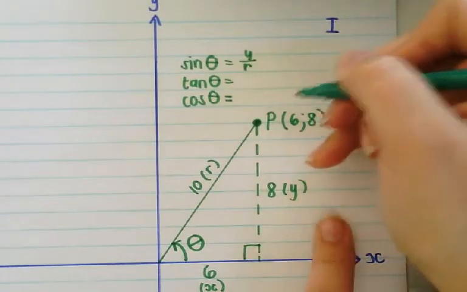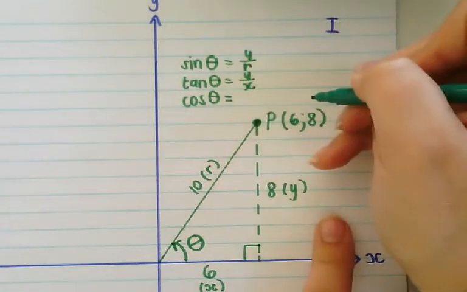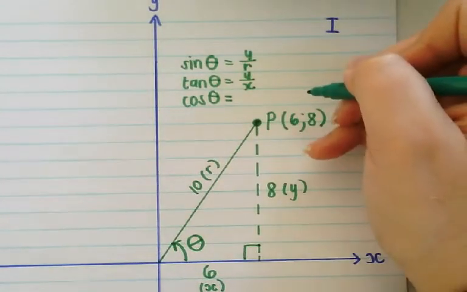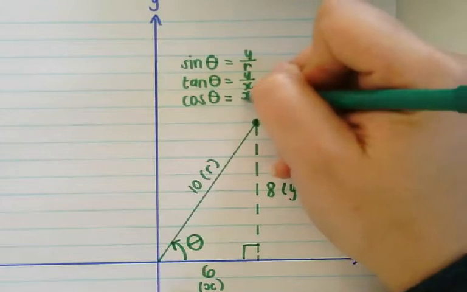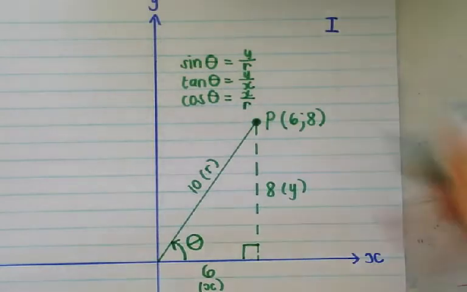Tan opposite is y over adjacent x. And cos is adjacent x over r. So right now I'm not too interested in the numbers, but we will fill them in.